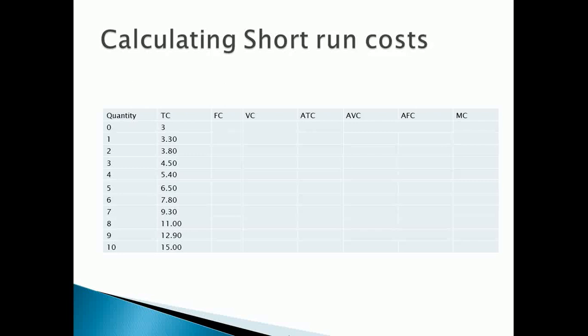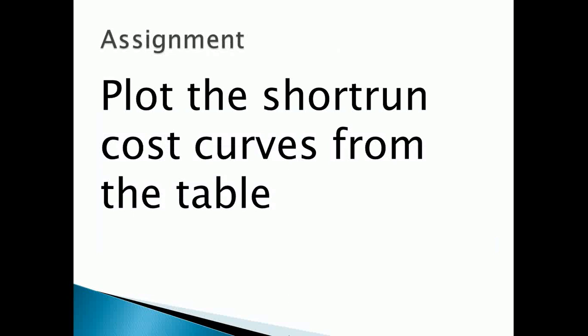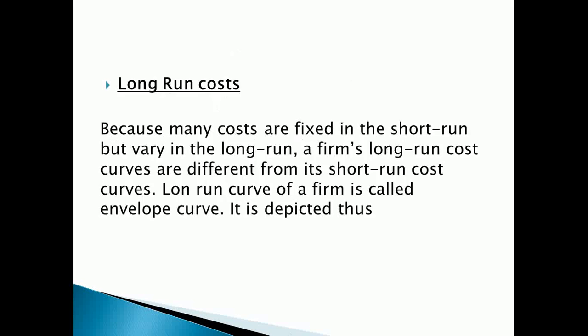Average revenue is total revenue divided by the level of output. Price times quantity over quantity, when quantity cancels out, equals price. By implication, average revenue is the same thing as price.